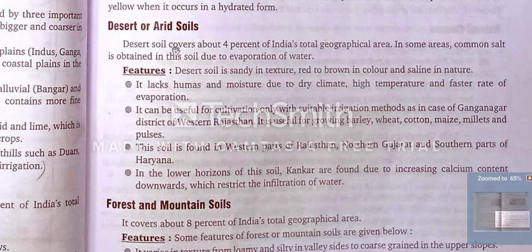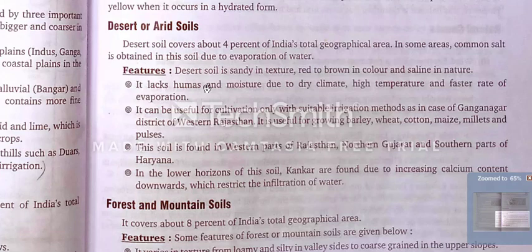In some areas, common salt is obtained in this soil due to evaporation of water. You know evaporation, evaporate. Due to evaporation of water in some parts, common salt is found, common salt is obtained. Clear?